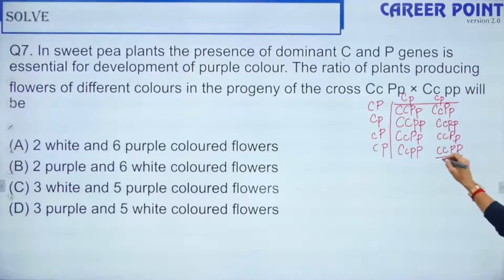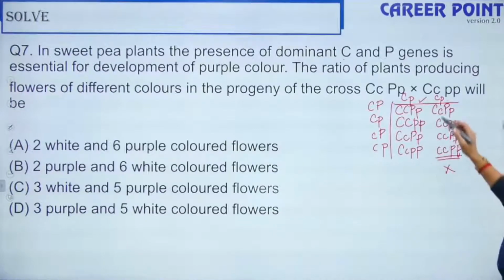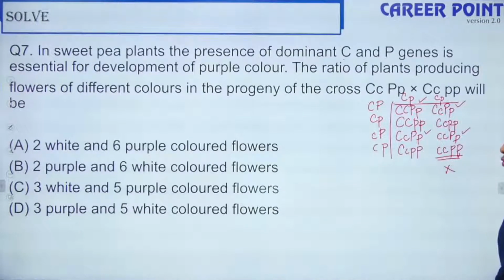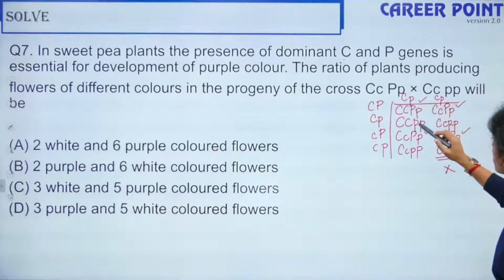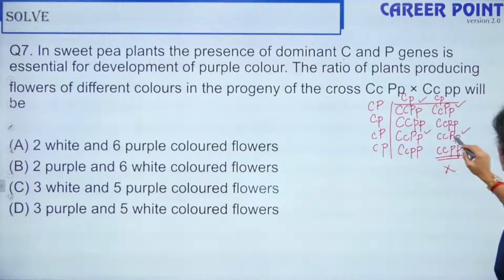So definitely this is recessive, this will not have. So you have 1 purple plant, 2, this is also purple, 3, 4. So you have 4 purple. Okay, I guess we have 5 purple if I am not wrong. Yeah, this is recessive, so this is not purple, this is small c.